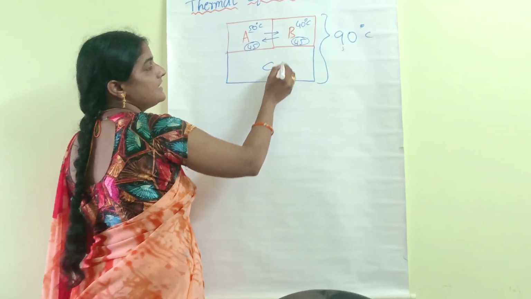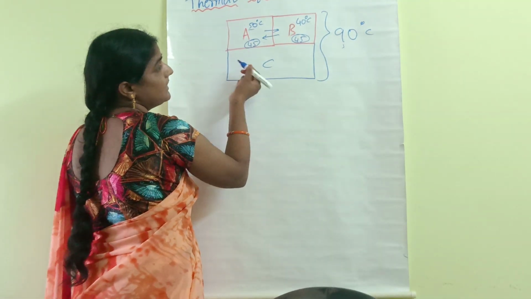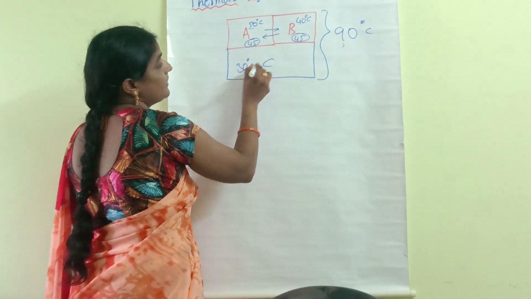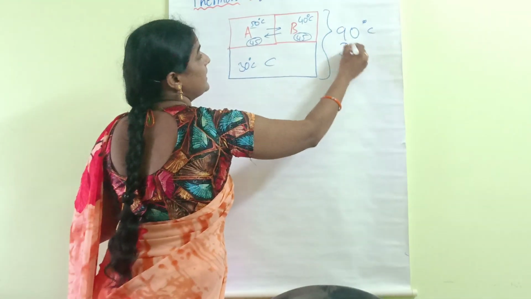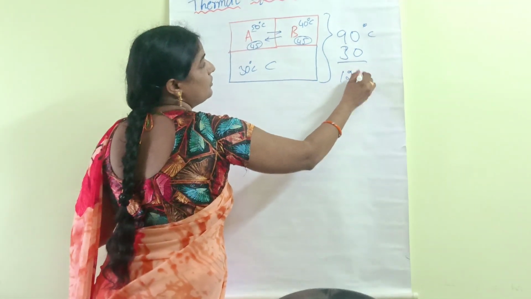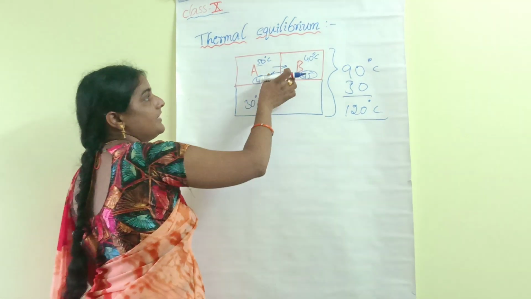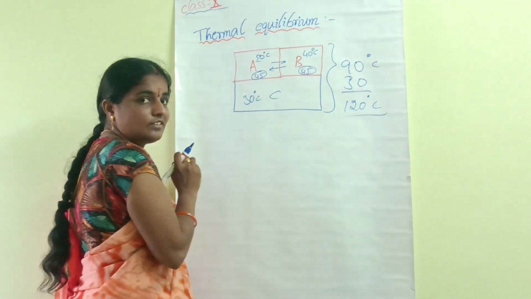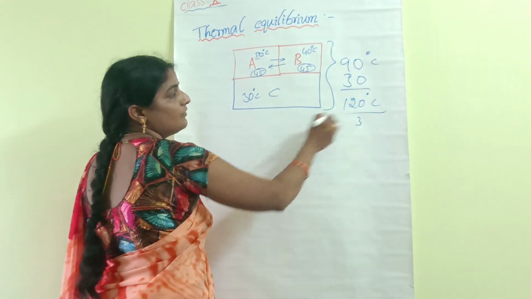Now suppose this C has a temperature of, let me consider, 30 degrees Celsius. Suppose you can take any numbering as our wish. So what is the total temperature? 30 plus 90, how much? 120. So the total temperature is 120 degrees Celsius. Now spread this 120 to all the bodies. How much will it become? 120 by 3, how much? 40, right?